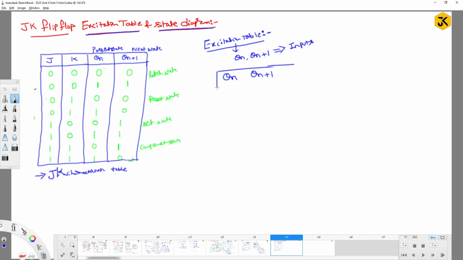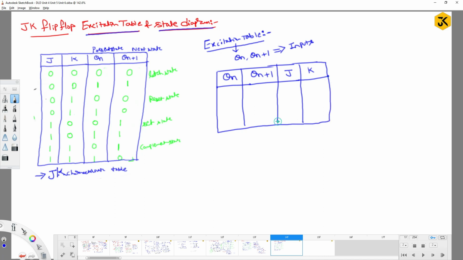I can simply say that one is the present state, another one is the next state, right? Now we need to define what the inputs might be. If you have two variables, you get four possibilities: 0 0, 0 1, 1 0 and 1 1, right?